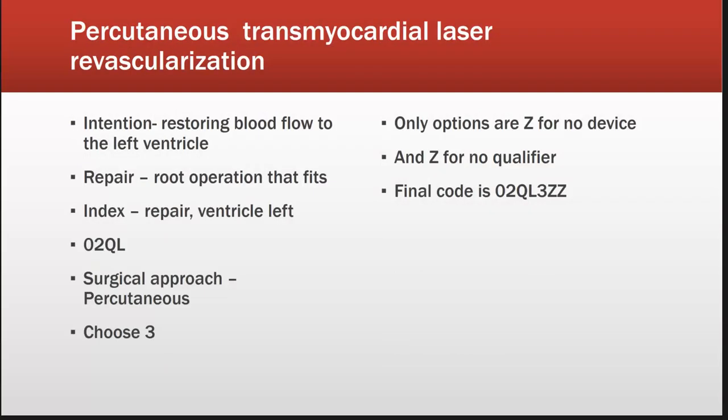Then the last exercise, number 10, per your clinical statement in your textbook, is a percutaneous transmyocardial laser revascularization of the left ventricle. The intention is to restore blood flow to the left ventricle.